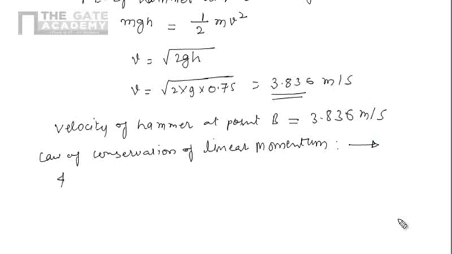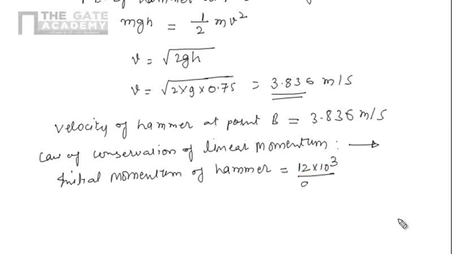So the initial momentum of the hammer will be mass into velocity. The mass of the hammer is 12 into 10 to the power 3 divided by 9.81, into the velocity 3.836.